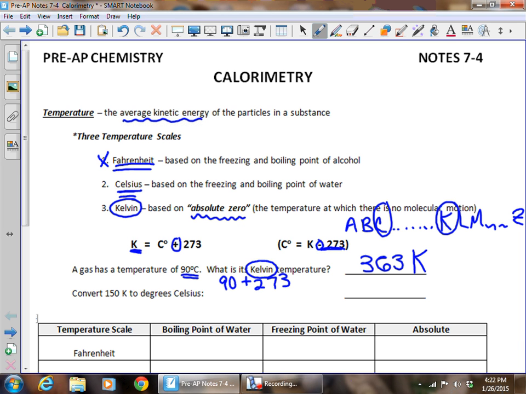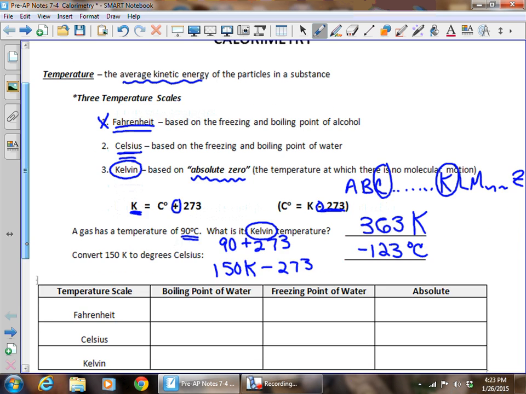It's 363 kelvins. If we want to take 150 kelvins and change that to degrees Celsius, we know that Celsius is smaller, so we're going to take that 150 kelvins and subtract the 273, and we end up with negative 123 degrees Celsius. So the first part of your worksheet will be involving that conversion between Kelvin and Celsius.